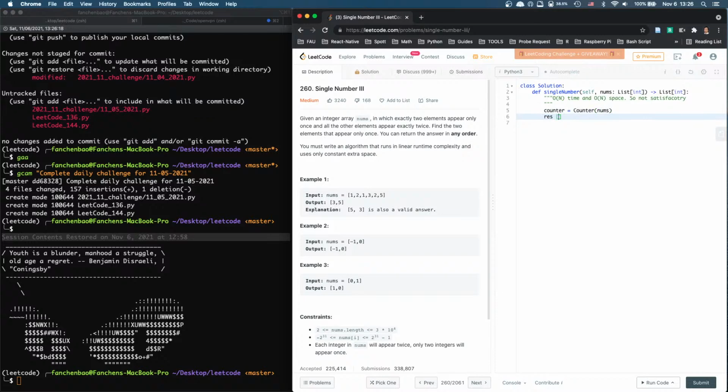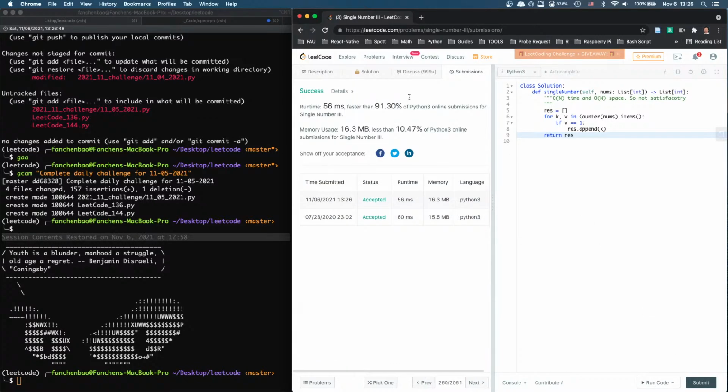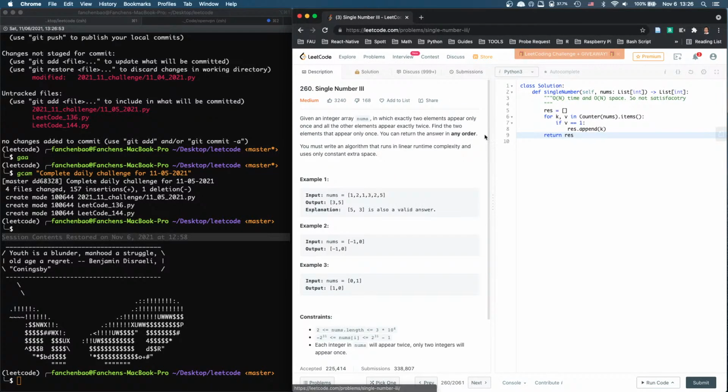And we just do this for key, value in counter.items. If v equals 1, res.append. Okay. And then we return this. Yeah. That's not what we want. We want something better.